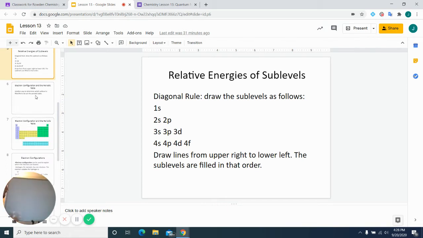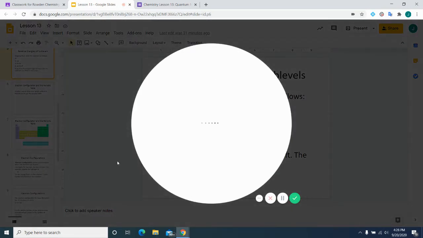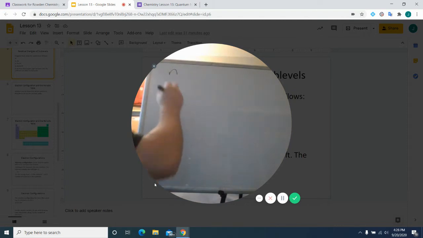So you remember, we start off with energy levels, which are N. Remember this? N can go from 1 all the way to 7.